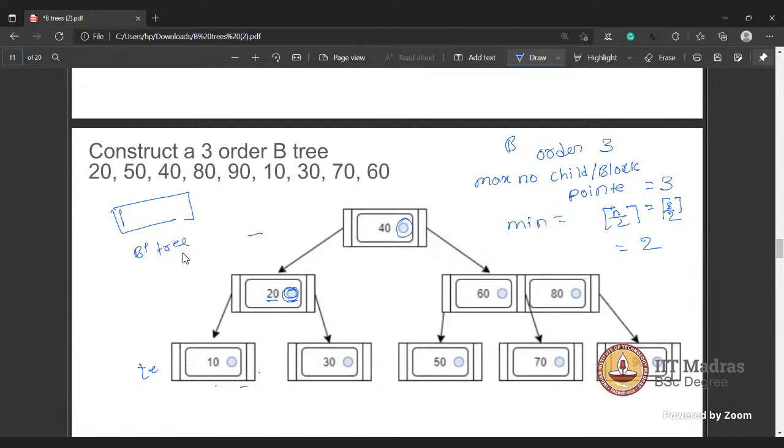Yes, the block size will be less. And when you insert in B plus tree, you will see it increases only in breadth, not in height. When you insert in B plus tree, you'll see that it will increase only in this breadth. If you solve some numericals, you will get these answers.